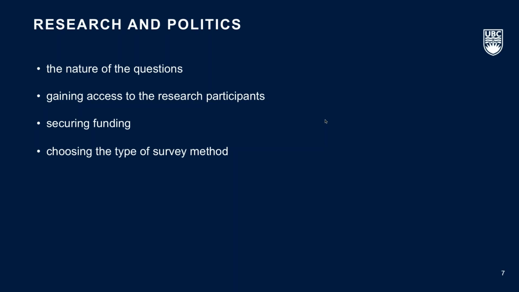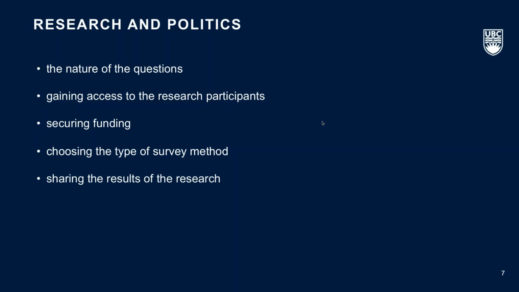And choosing the type of survey method. When there are many parties involved in planning a survey or helping design a survey, the actual survey method might become quite political. There are different views about what would count as a good survey method.